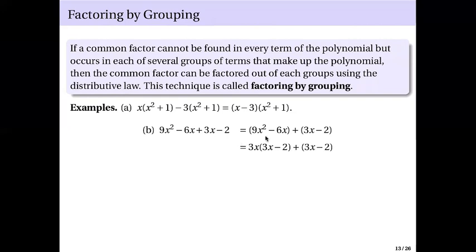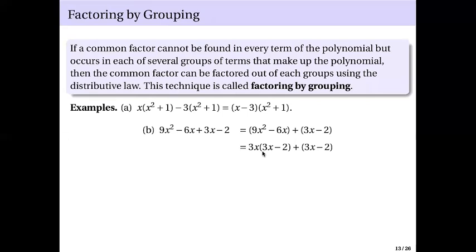If you do that, you will be able to factor out the 3x. And if you factor out 3x, what will remain inside the parenthesis is 3x minus 2. Follow? Okay?